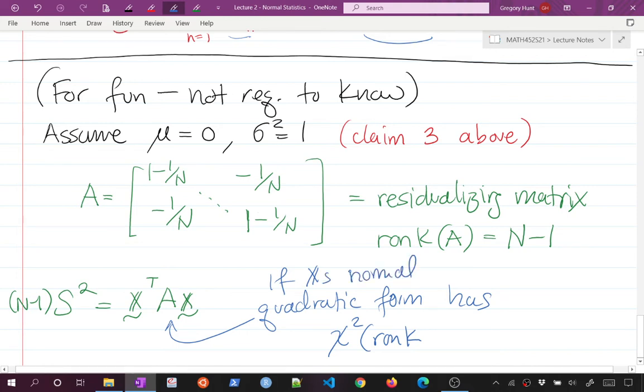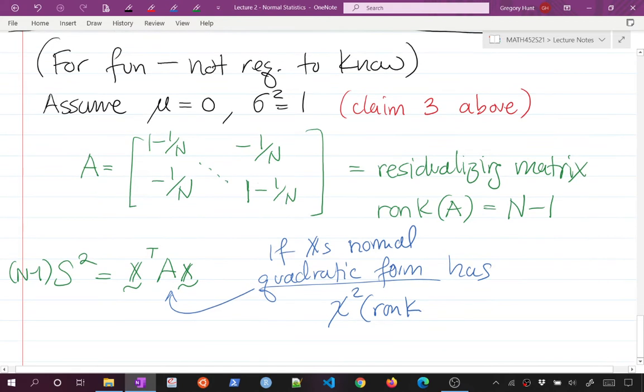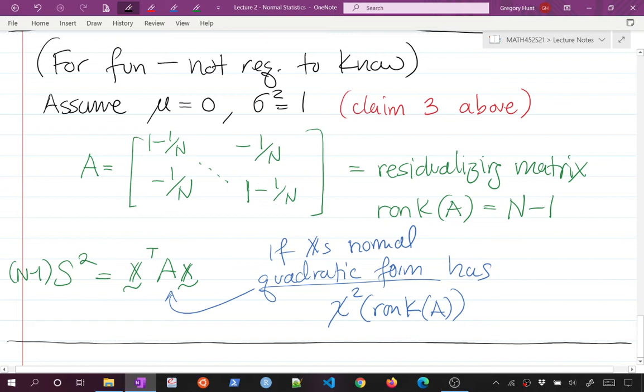So if I have a vector of normal random variables, and I look at x transpose A x, it's called a quadratic form, this thing will have, as long as A is nice enough, a chi-squared distribution, and the degrees of freedom will be the rank of that matrix. In this case, the rank of the matrix is n minus 1, and that's basically the proof.